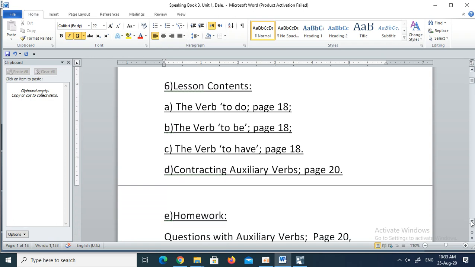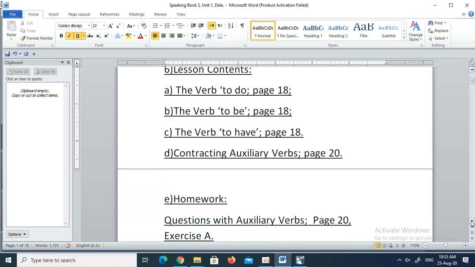What we are covering today are the verb to do, the verb to be, and the verb to have, which are all on page 18 of the textbook. We are covering on page 20 how to contract auxiliary verbs.